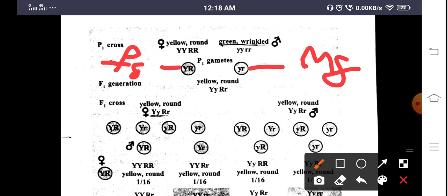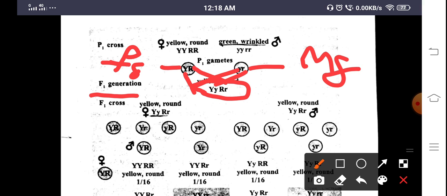Now when the fusion takes place, that is fertilization, the result is the F1 generation. The F1 generation is capital Y, small y, and capital R, small r.